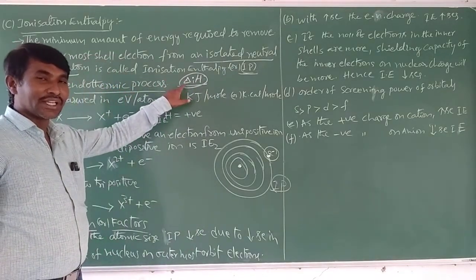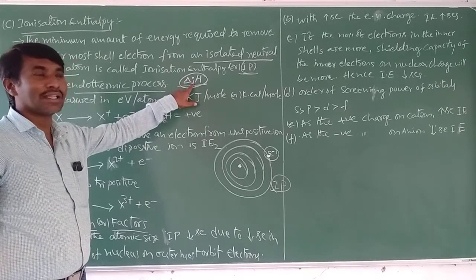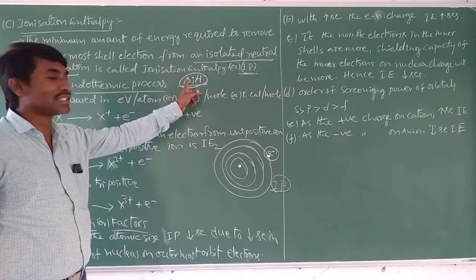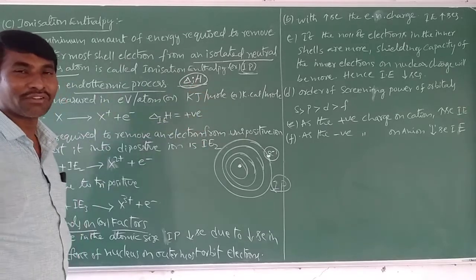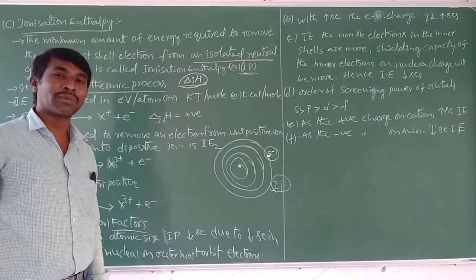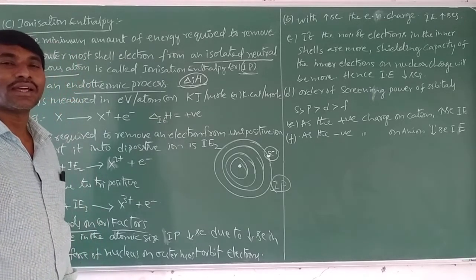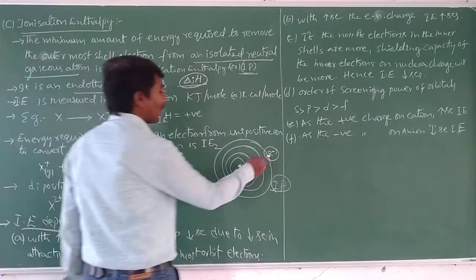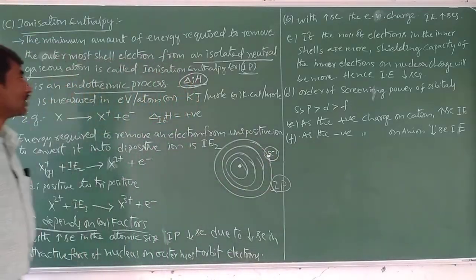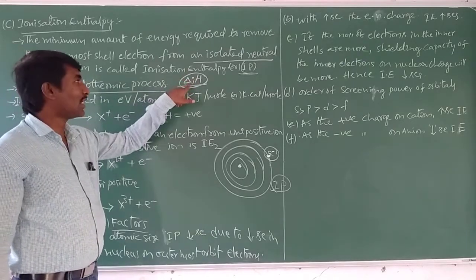This indicates the heat required for the removal of an electron from the outermost orbit or outermost shell. So this is denoted delta IH.